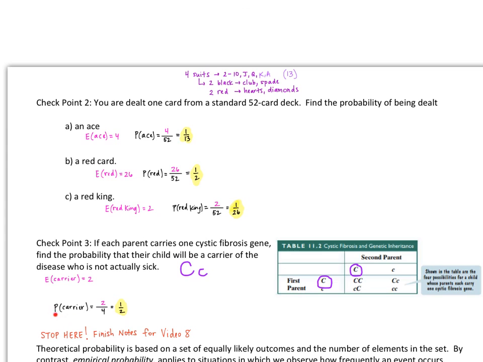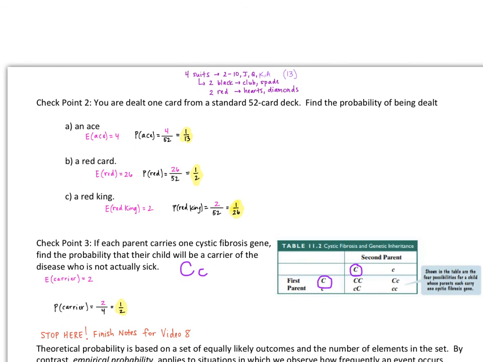Okay, so if I want to know the probability of being a carrier, I take the 2, that's the number of outcomes in the event, over the total number of outcomes. So 1, 2, 3, 4 possibilities. So that child has a 1 out of 2 chance of inheriting or being a carrier, okay, or a 50% chance.